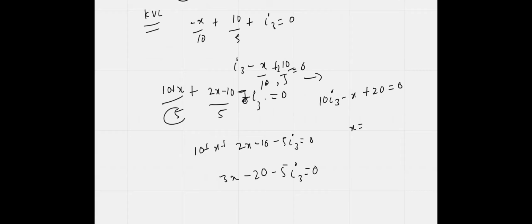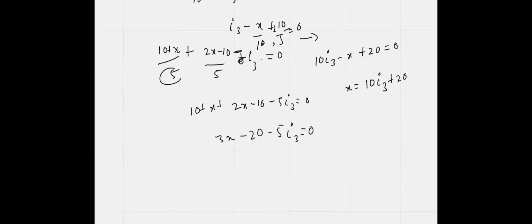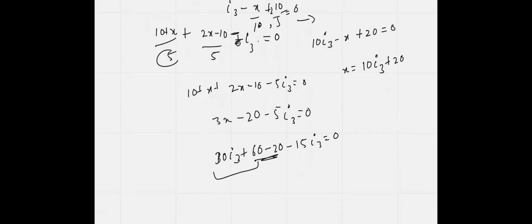So maybe x is equal to 10 times I3 plus 20. Maybe I can substitute this over here. So 30 times I3 plus 60 minus 20 minus 15 I3 equals 0. Now let's see carefully what this part is coming out to be.